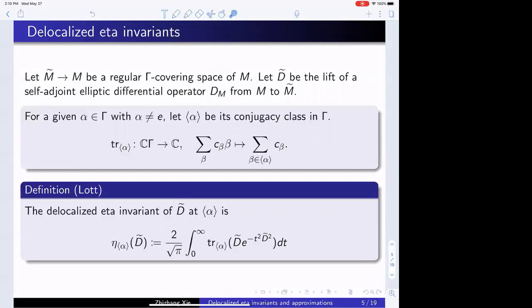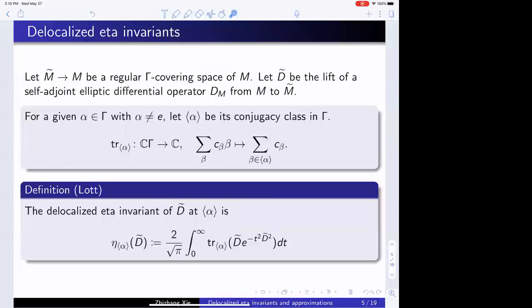Suppose this element is not trivial. By the way, for the definition, alpha can be the trivial element. It doesn't really matter. But what's called delocalized just means that alpha is not in the trivial conjugacy class. Let this notation be the conjugacy class of alpha in gamma.